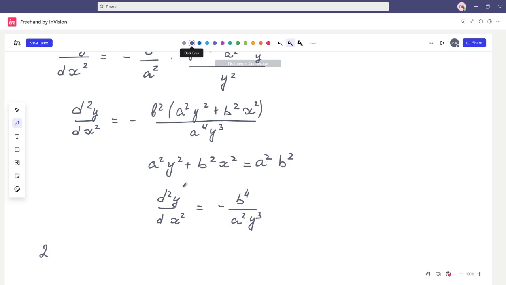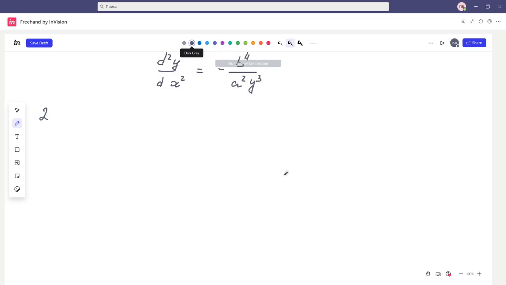Let the function y of x be represented by parametric equation x is phi of t, y is psi of t, where t depends from t0 to capital T. 3.